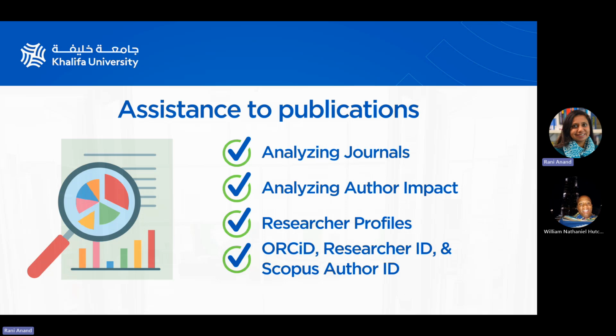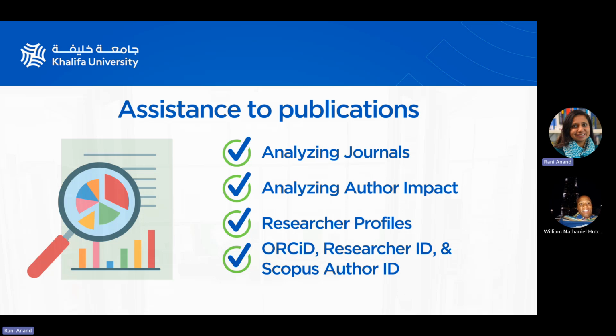So how does a citation database assist you with publications? Through the citation databases, you will be able to analyze a journal, to assess the quartiles of the journal, like Q1, Q2, Q3 or Q4. The journal quartile is based on the quality of the journal.